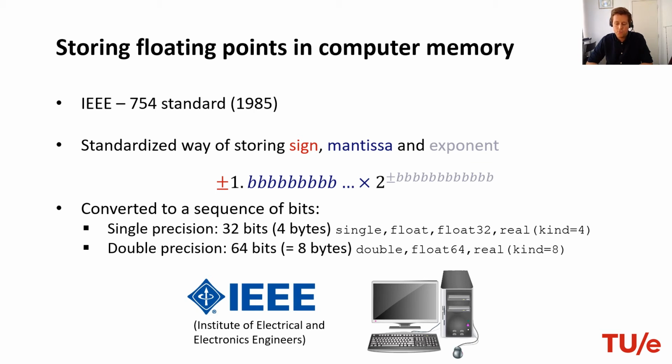Fortran uses real, kind is 4, etc. So if you encounter any of these names when programming or when reading scientific programs, you can assume that it is a single precision or a double precision floating point number that you're encountering here.